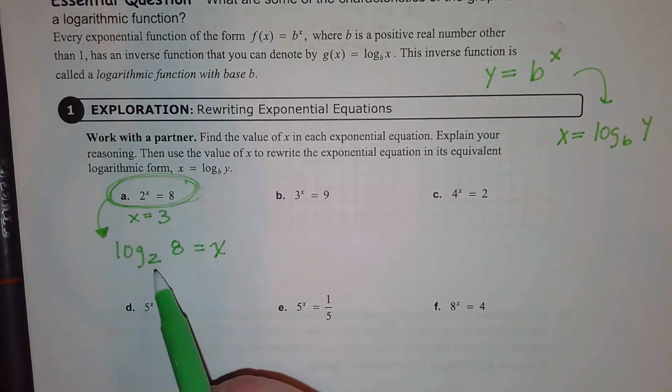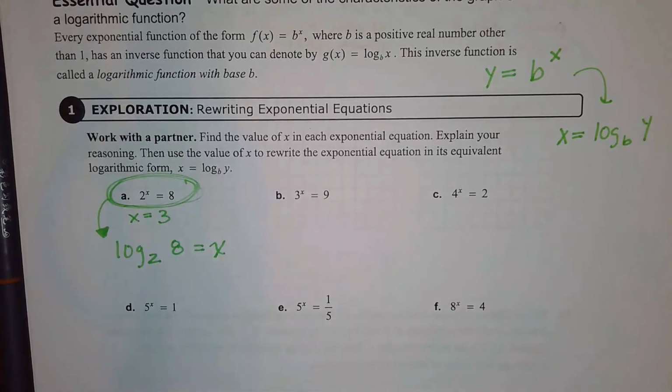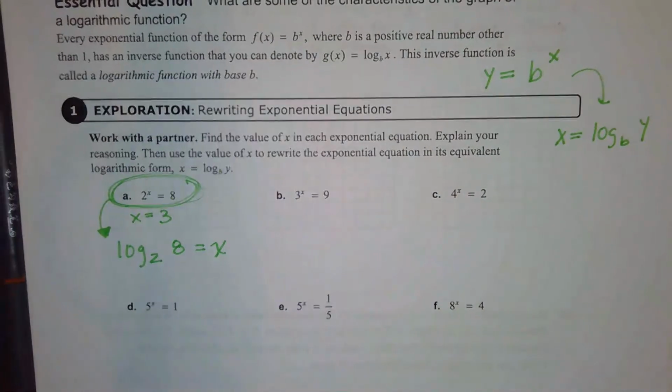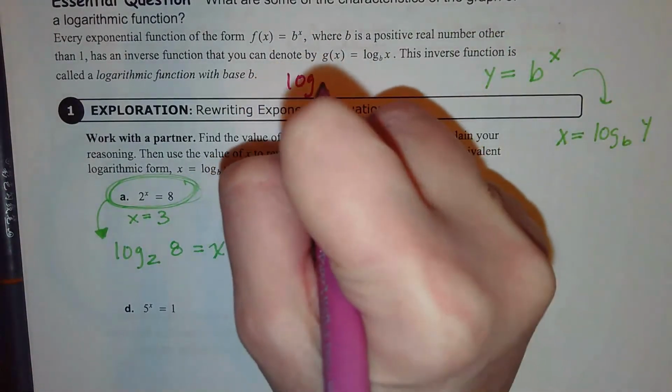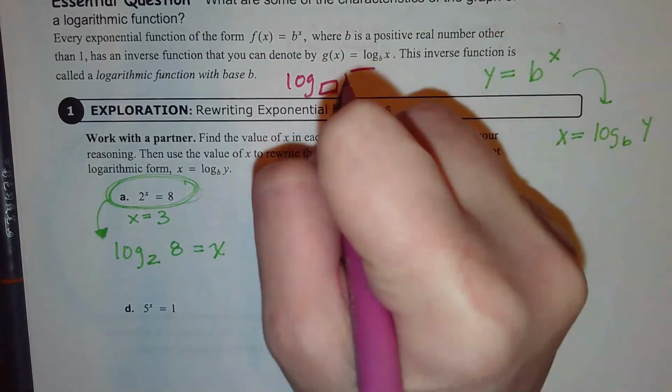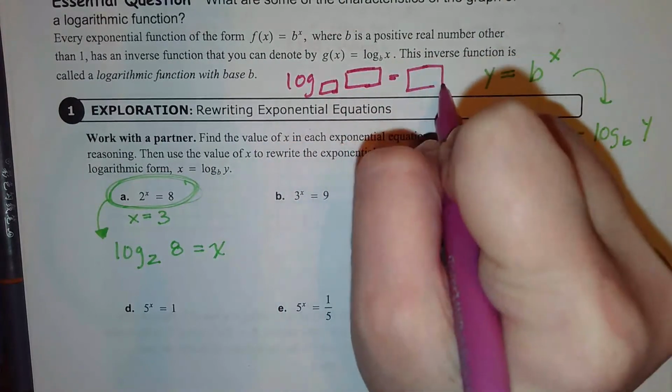So this is how we put this into log form. The 2 becomes your base, the x becomes what goes after the equal sign, and the 8 becomes what you take the log of. So essentially, in your equation, and I'll write it up here, you're going to have log base something. These are the components that you have for a log.